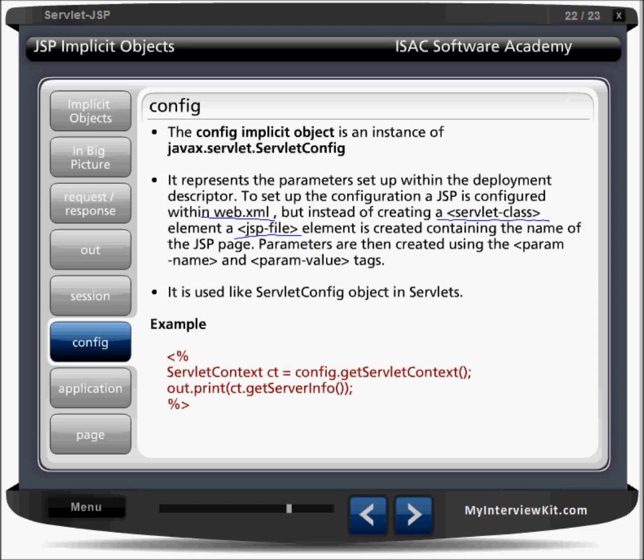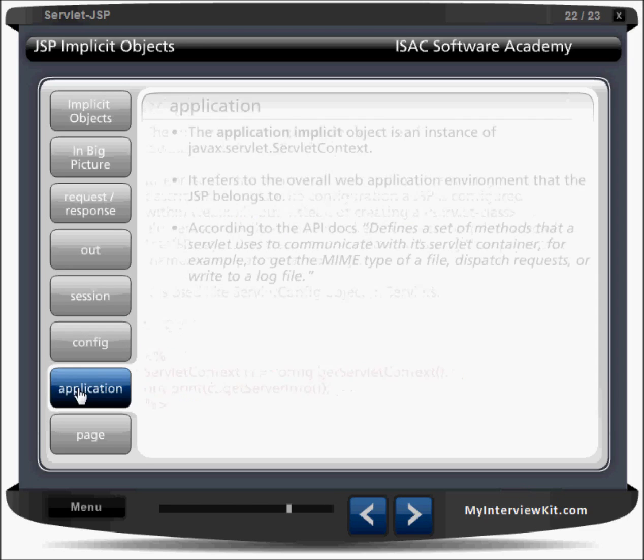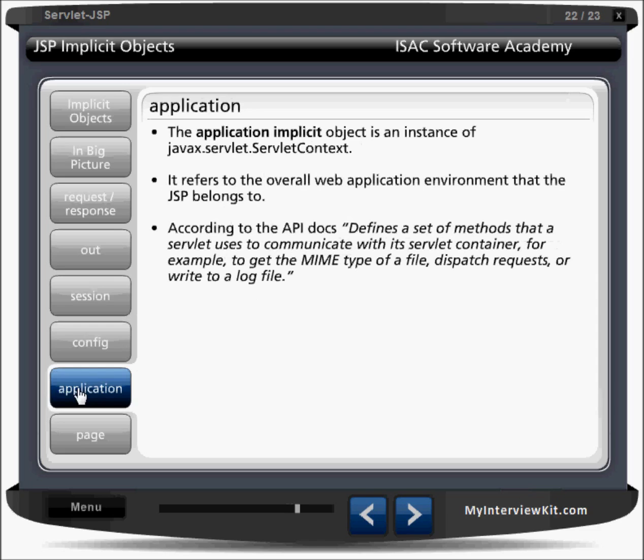Okay. Next is the application. The application is an implicit object. In servlet we have ServletContext, right? Here if you want to work with the servlet context, we can directly take application and work with that.